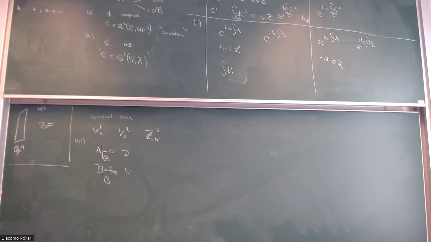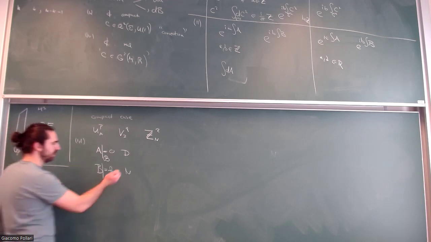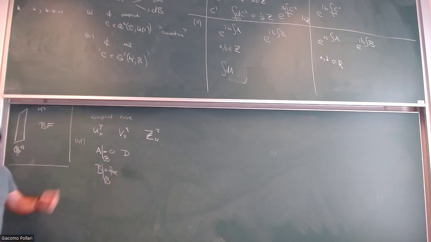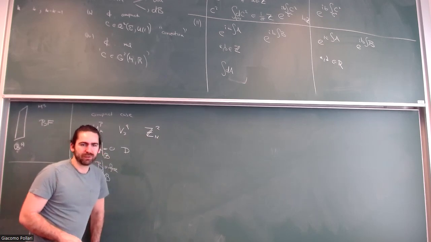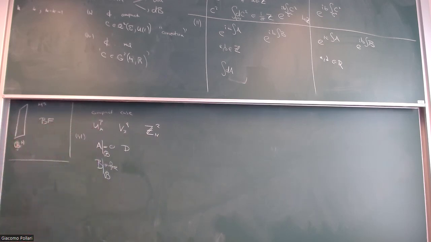Yeah. So why do you call it Neumann? Neumann means the derivative is 0. Okay, let's not call them that. Thank you. Just call this one usual. Usually people call it that in the BF theories, but yeah, it's maybe a bit of a misnomer.